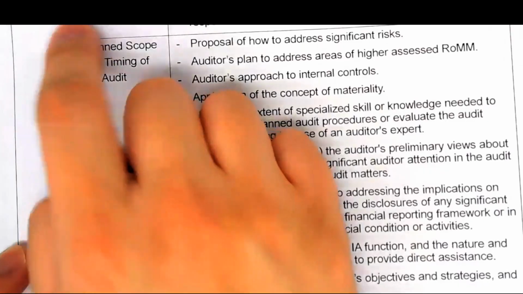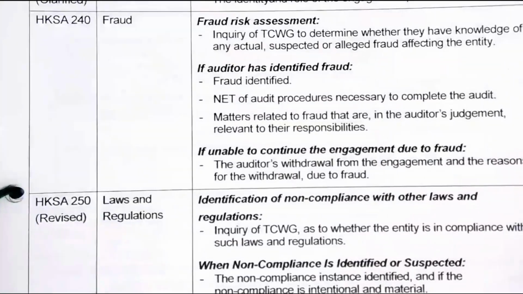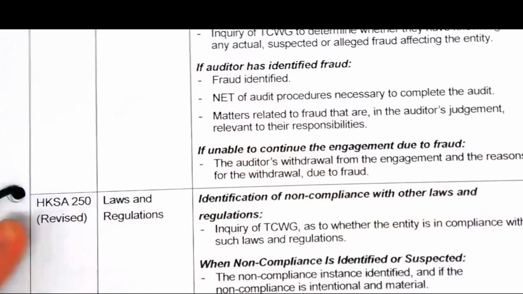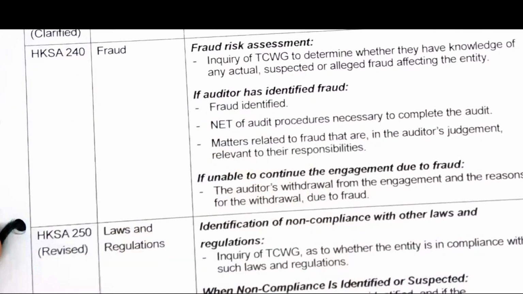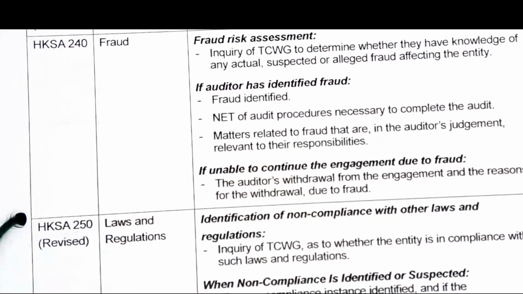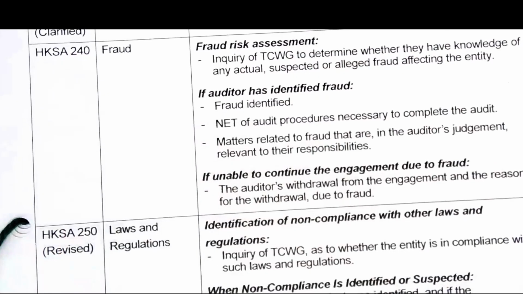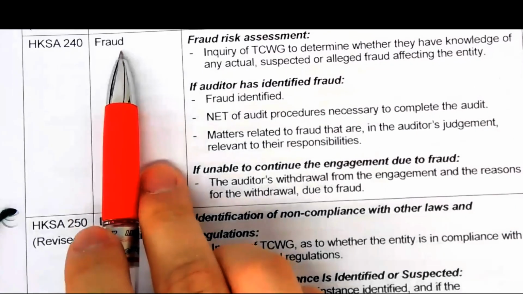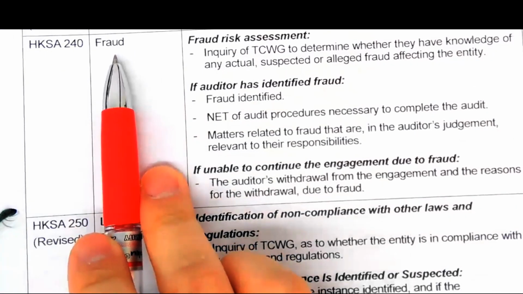And other than SA 260, actually more questions will be on this part because there are other auditing standards that require you to communicate certain things to those charged with governance, especially related to fraud.